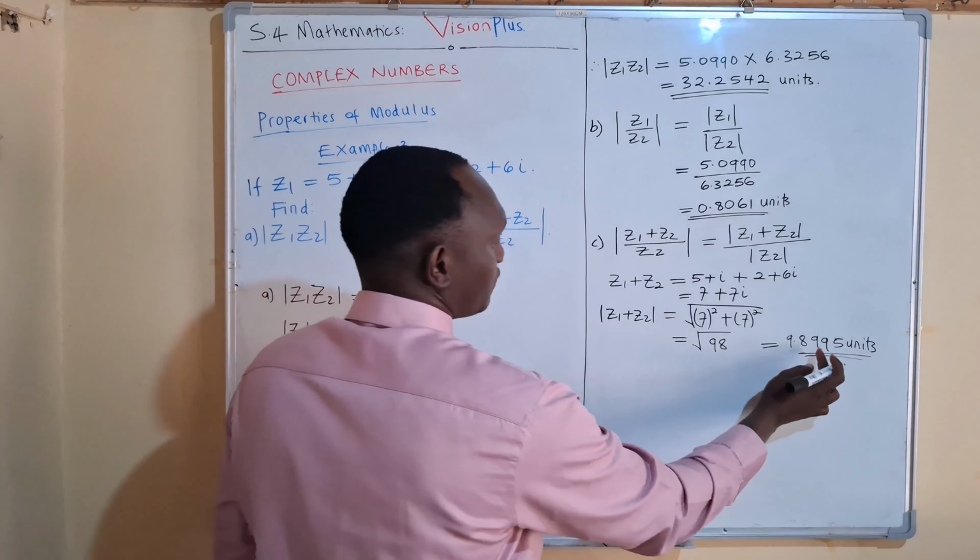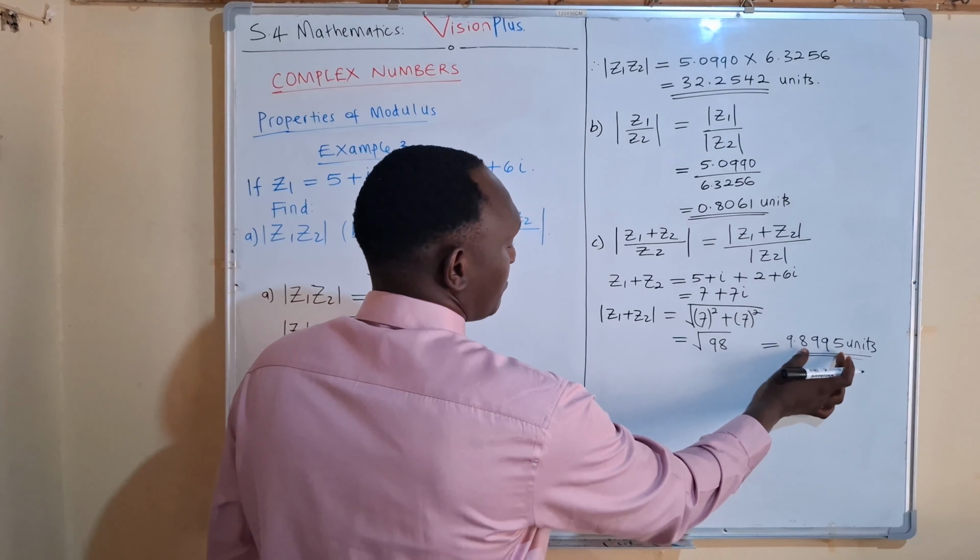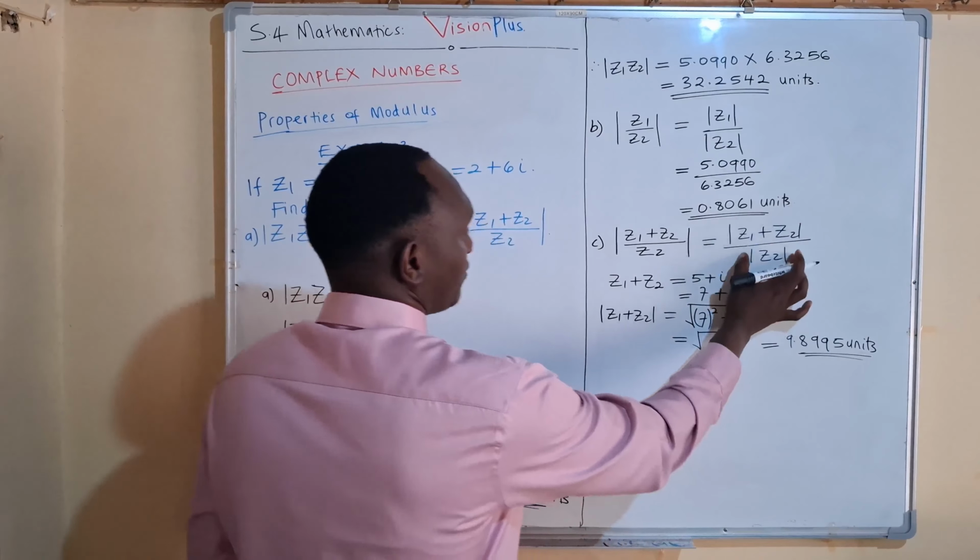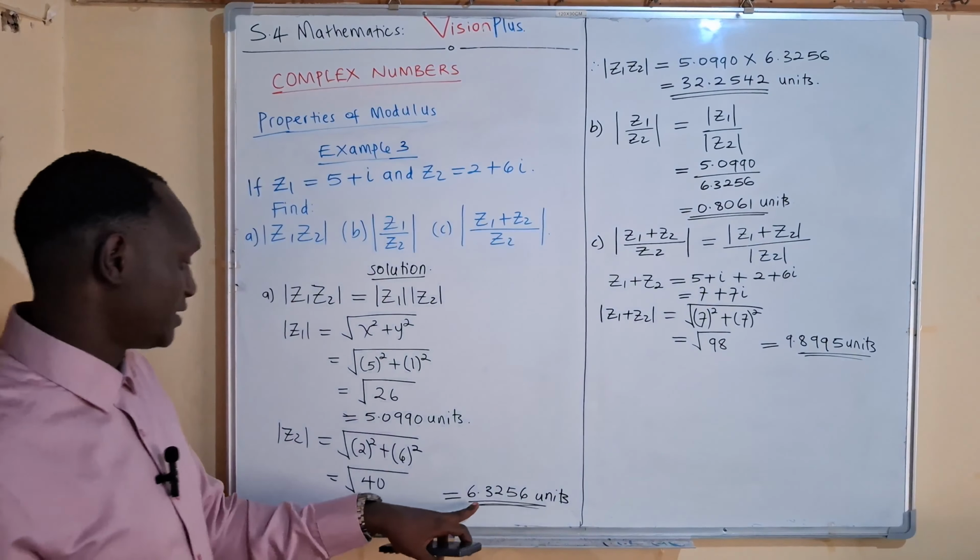Now we need to substitute for this magnitude up there, and we already have the magnitude of z2, which is here.